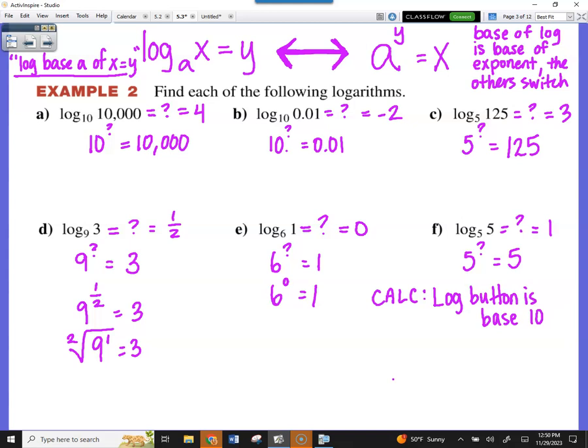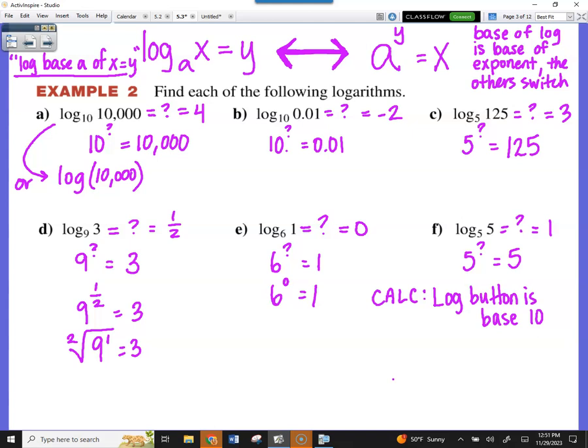Please don't use the log button if it is not a base 10. You should know that it is common for log base 10 problems to be written without the base 10 because it's understood. So coming back up here, I'm going to draw an arrow and write the word or, showing that it could have also been written like this, log 10,000. And you might be like, well, where's the base? It's understood 10 if it's not there, okay?